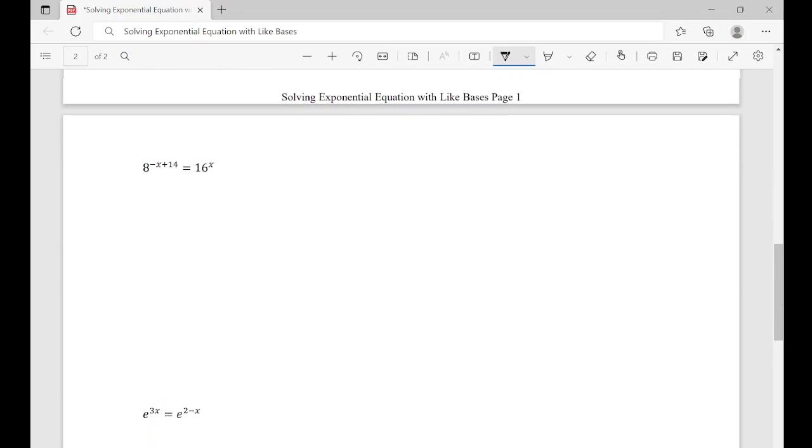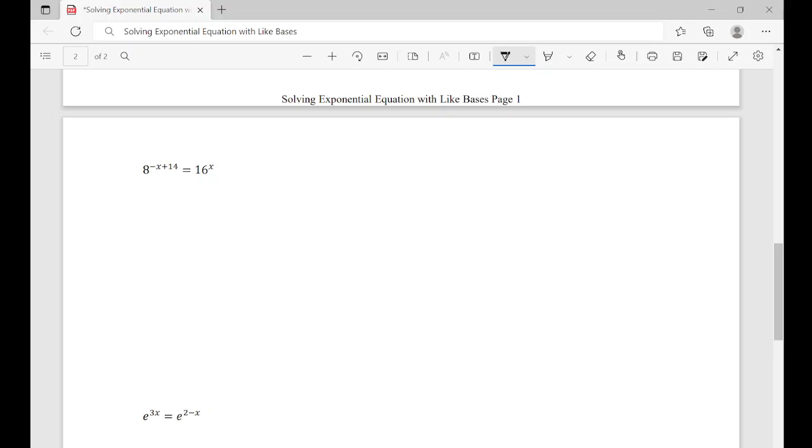Now this one here is a little bit different, but again, nothing too bad. So 8 raised to the -x plus 14 equals 16 raised to the x. I'm going to work on this and get the bases to be the same. So 8 and 16, well, I can say that 8 is just 2 cubed, all raised to the -x plus 14.